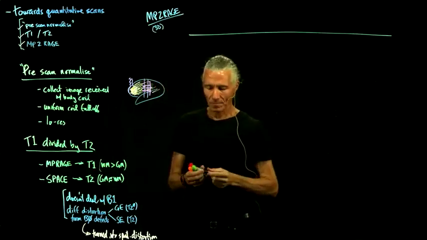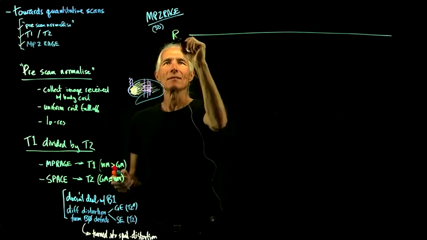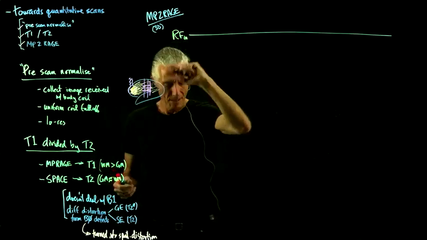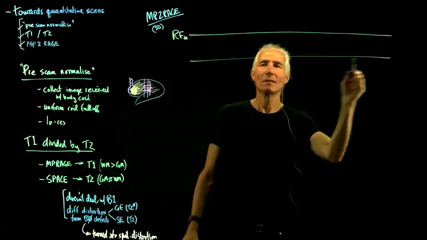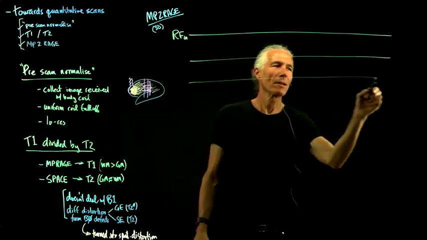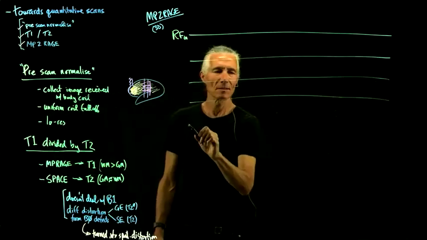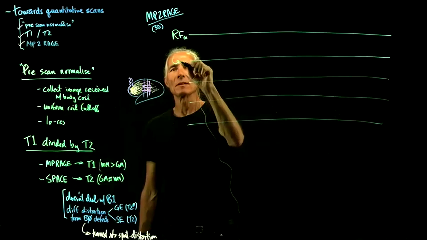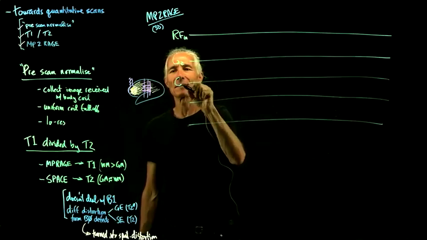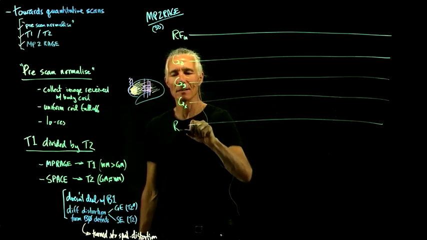So the first thing is the RF in, and here are the three gradients: the slice direction, the phase encode direction, and the readout direction, and here's the signal coming out.